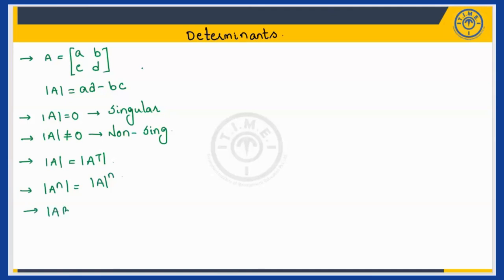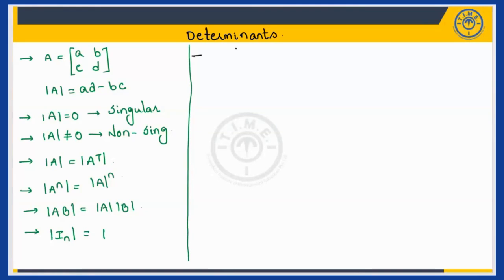And the determinant of AB, can anyone tell? Yeah, the determinant of AB is det A into det B. And again, what is the determinant of the identity I n? No, Balaji, the determinant of identity is 1.